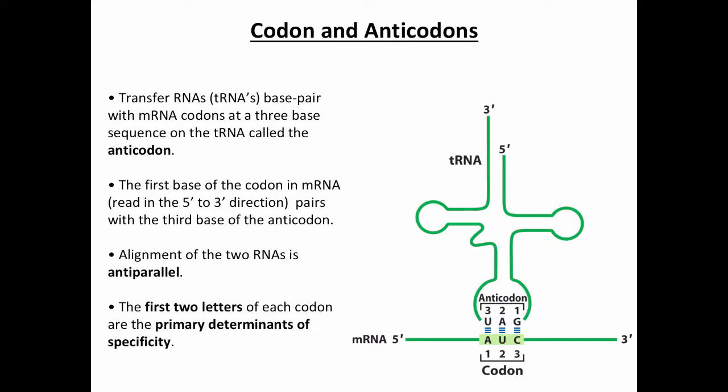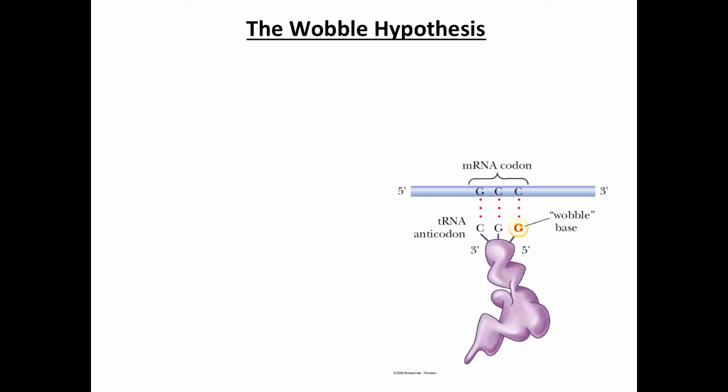And then the first two letters of the codon, so here it would be A and U, are going to be the primary determinants of specificity. The third base, which is shown as C, can usually be different, and it will still end up coding the correct amino acid. And that's actually quite important in terms of helping to increase the speed of translation.